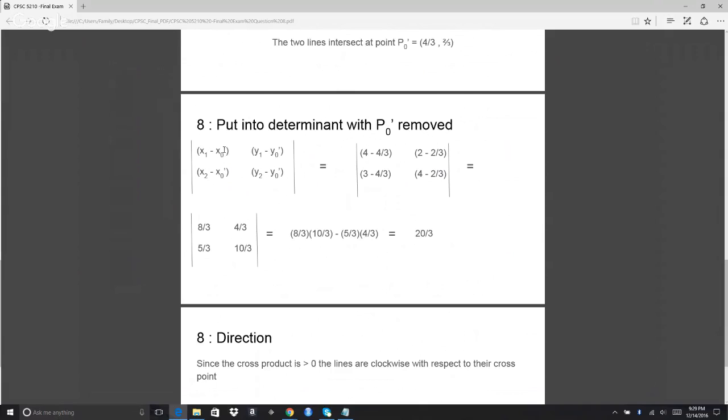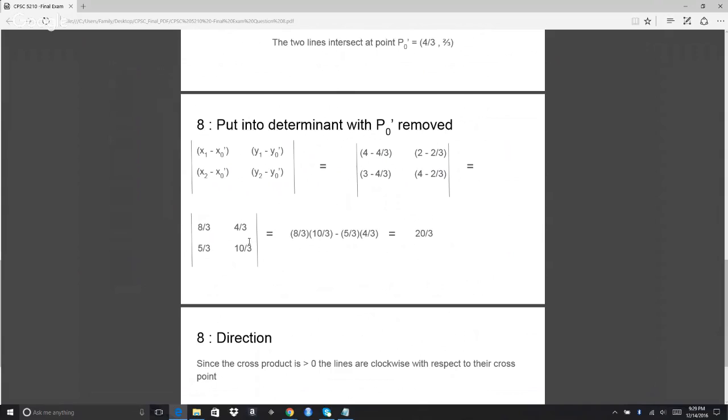So x1 minus x0 prime, y1 minus y0 prime, x2 minus x0 prime, y2 minus y0 prime. And that is equal to 4 minus 4/3, and you can see the equation here once we've substituted in the values. Once we've carried out this arithmetic, we have 8/3, 4/3, 5/3, 10/3.